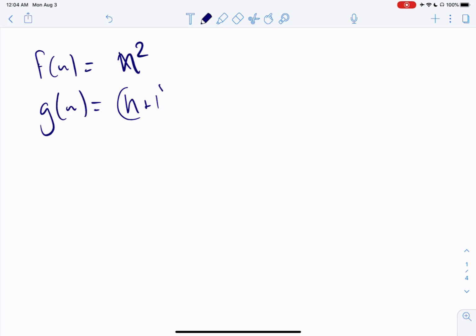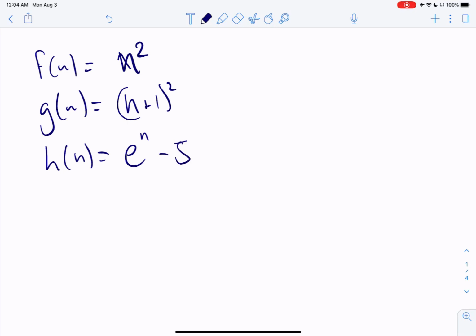As a very simple example, let's just imagine we have f of n equal to, I don't know, n squared, and then g of n equal to n plus 1 squared, and h of n equal to e to the n minus 5. Right?